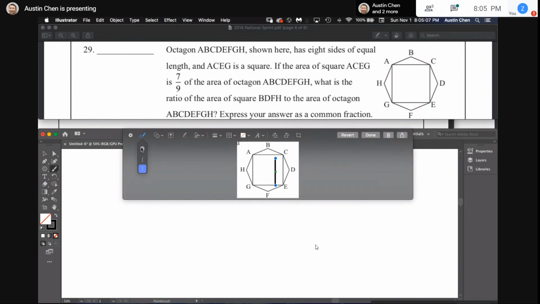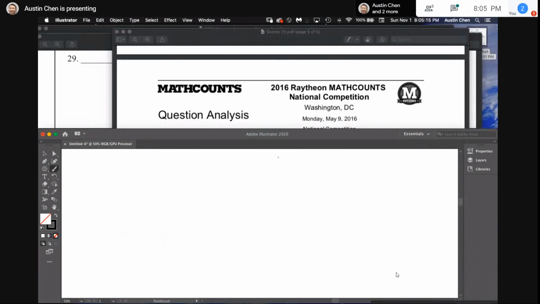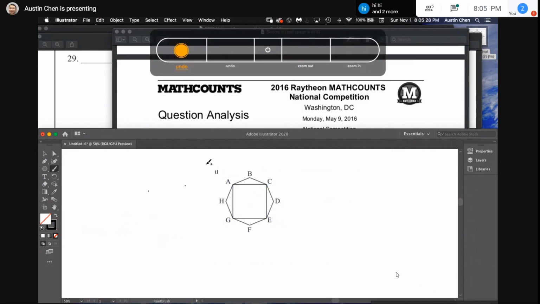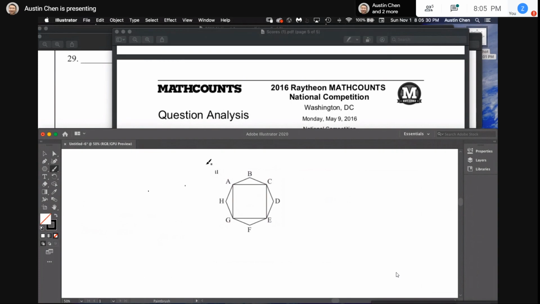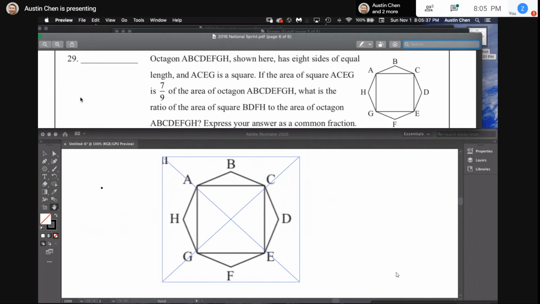I just drag this onto here. Oh, it does work actually. So let's say the area of the octagon is 1.